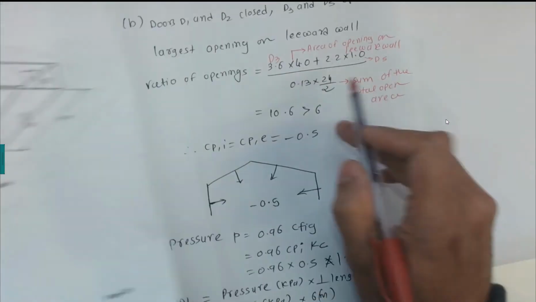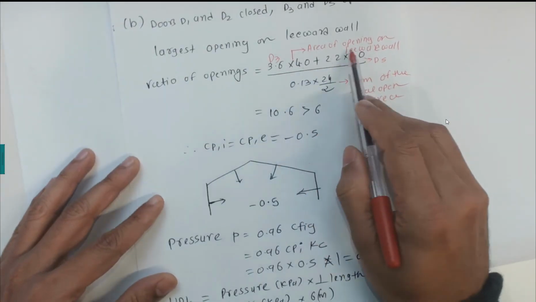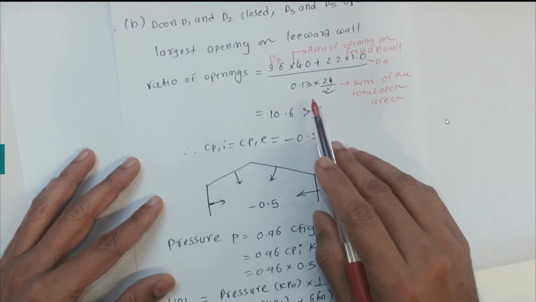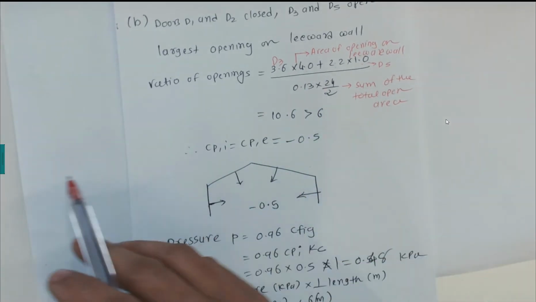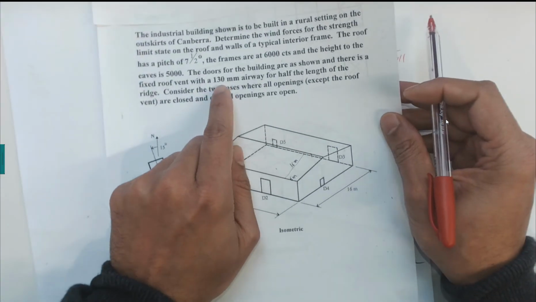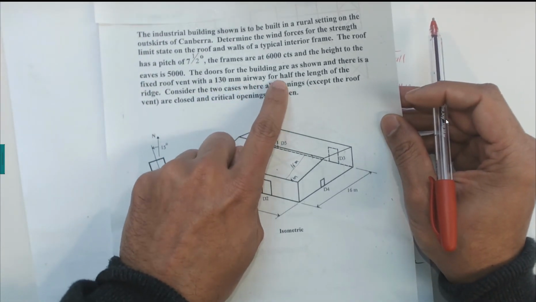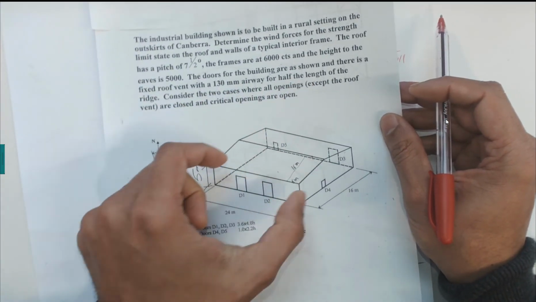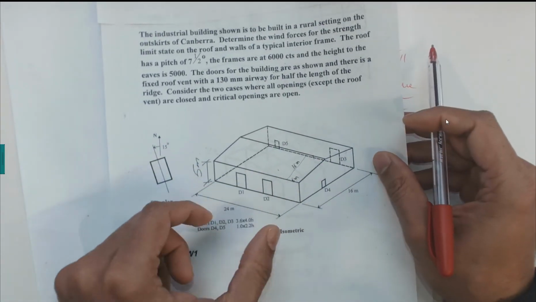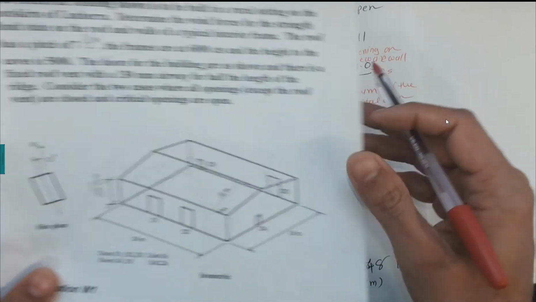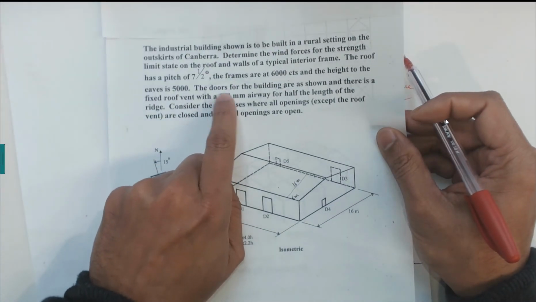You sum them up to get the total area of opening on the leeward wall, divided by 0.13 times 24 divided by 2, because it's written here that we have 0.13 for half the length of the ridge. So this is the ridge, and half of the length, which is 24 meters, divided by 2, and 0.13 is the opening.